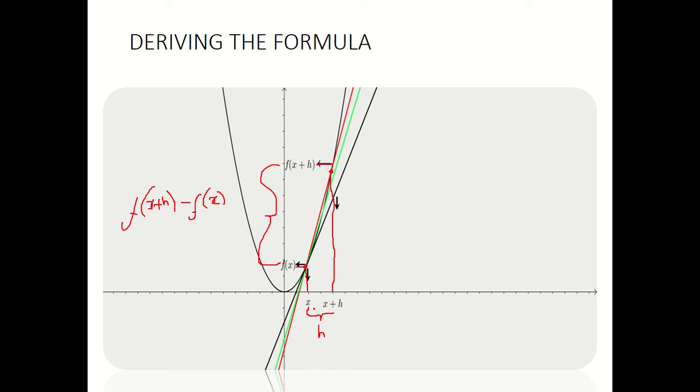The difference between our x values will just be h, because you take x plus h and then you minus x, you'll be left with h. So the distance from here to there will just be h.